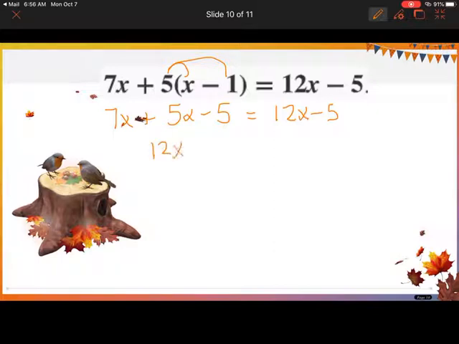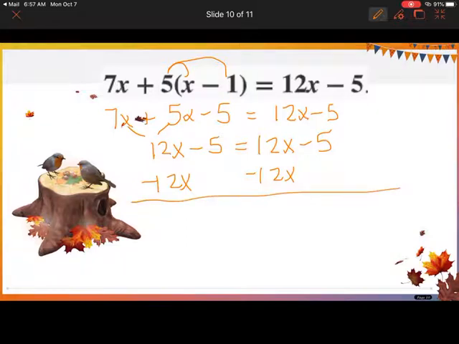So I have 12x minus 5, subtract 12x, subtract 12x. That is 0x. So I have negative 5 equals negative 5.